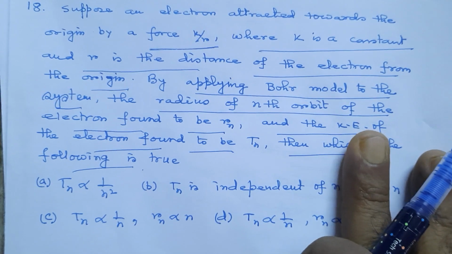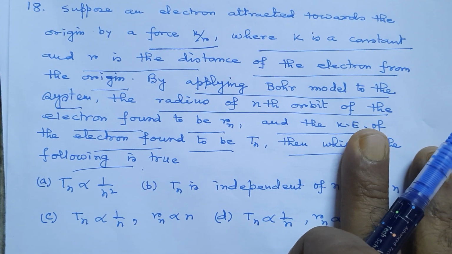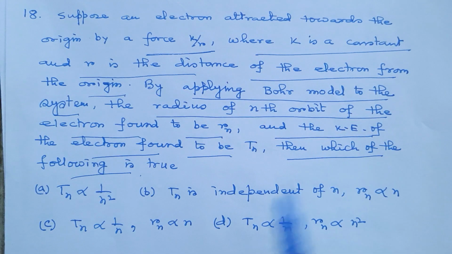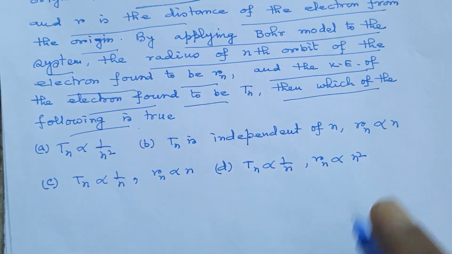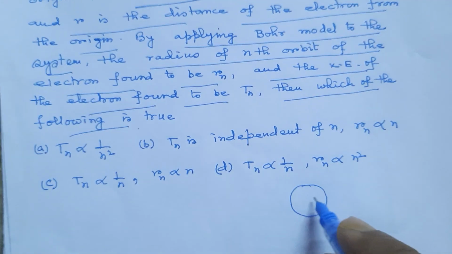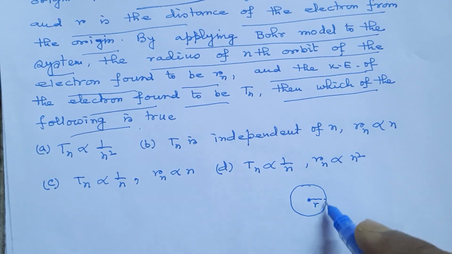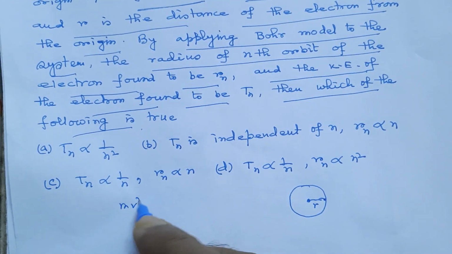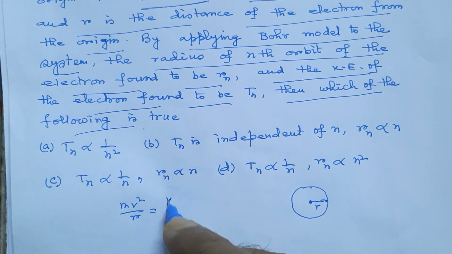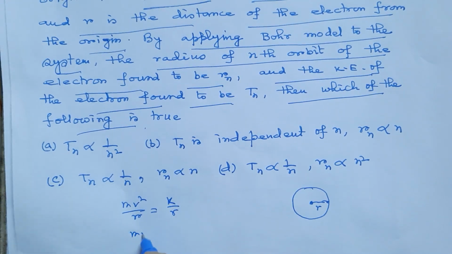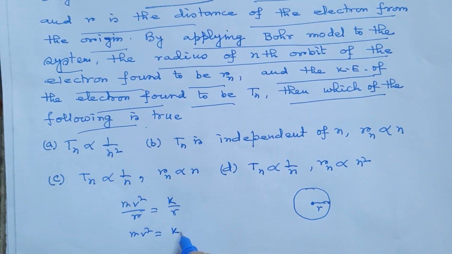So the force acting on the electron is k by r, which is actually giving the electron the corresponding centripetal force. Hence, the centripetal force on the electron when its speed is v, revolving in an orbit of radius r, is mv square by r equals k by r. Again mv square equals k.